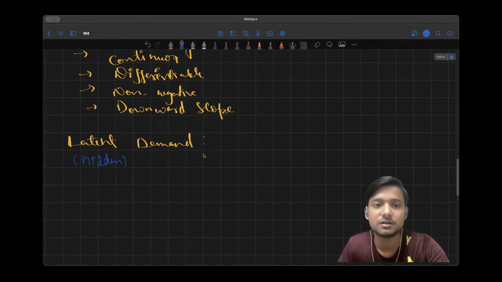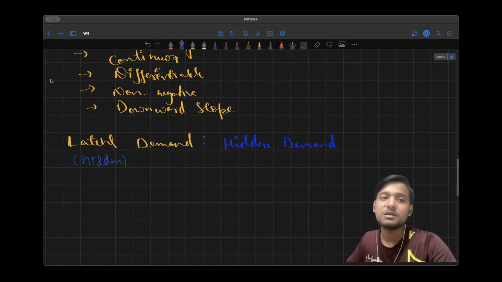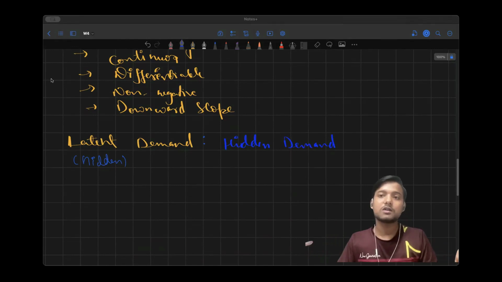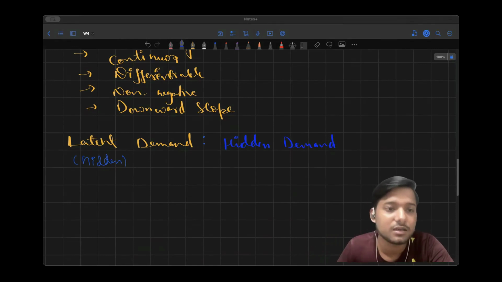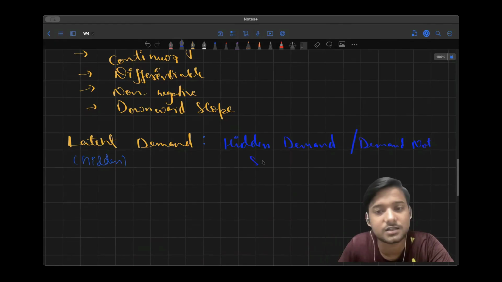So basically that means hidden. So latent demand is basically a hidden demand, or you can say a demand which has not actualized. And why is it so? Maybe people cannot afford that thing. So when I say this is my latent demand, or you can say hidden demand, it is demand not satisfied.